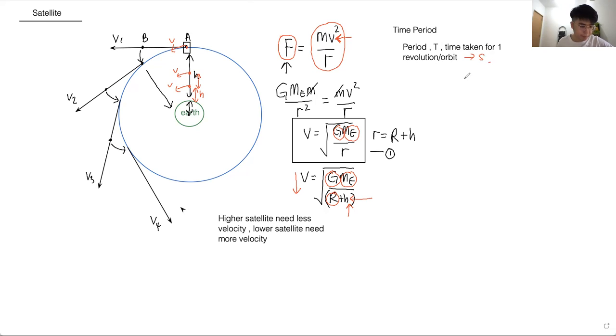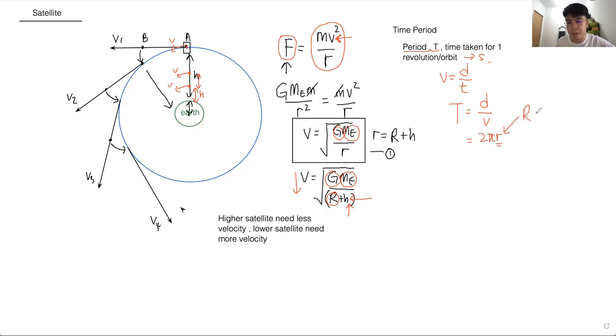Okay, now you see, speed is equal to distance divided by time. And if I want to find the period, time, T would be equal to distance divided by speed. And the distance traveled in one revolution, one orbit, would be 2 pi r. Again, this r is what?